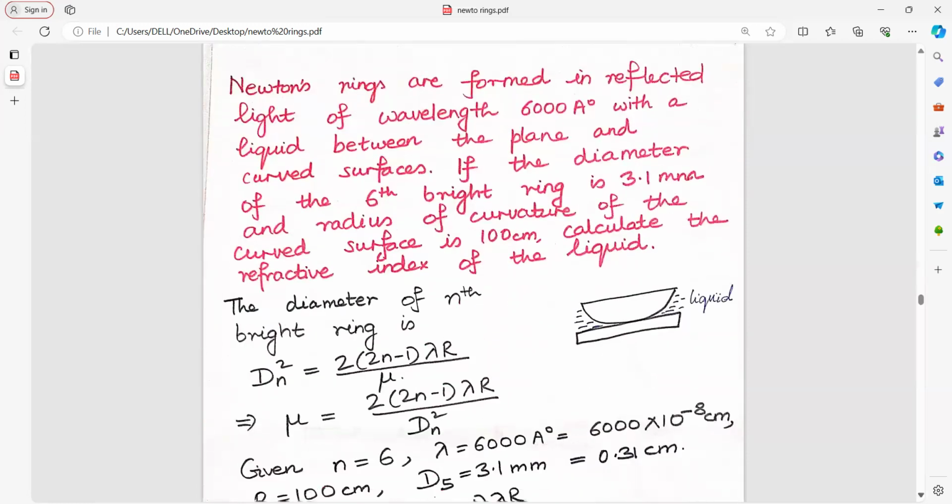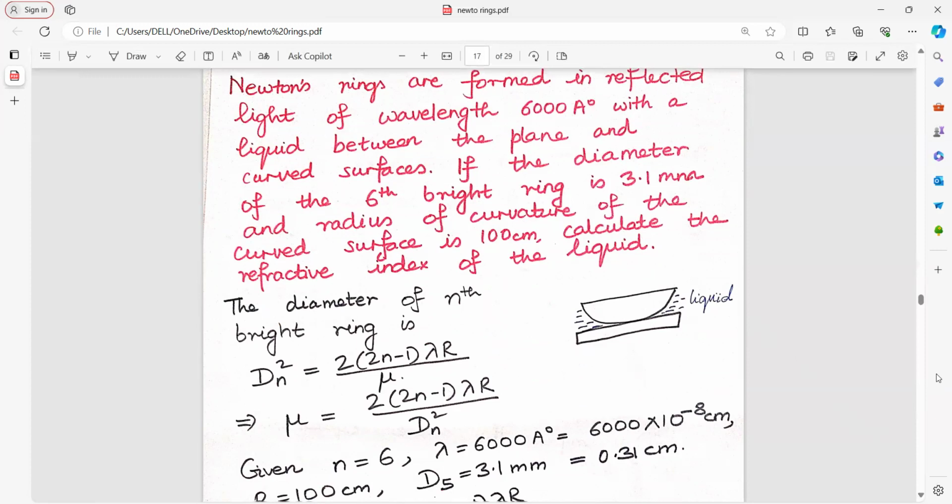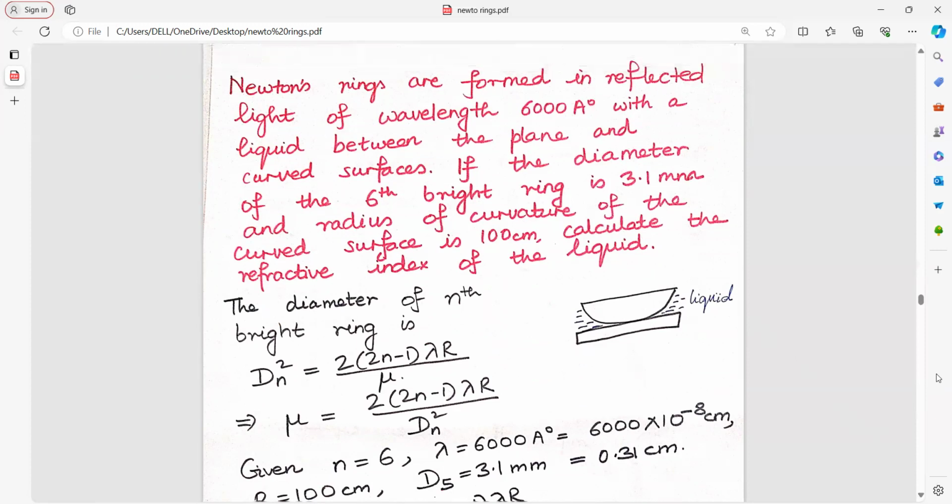Newton's rings are formed in reflected light of wavelength 6000 angstrom with liquid which is kept in between the surfaces. Now, if the diameter of the 6th bright ring is given and the radius of curvature of the curved surface has been given, you have to find the refractive index of this liquid. So the formula for the diameter of the nth bright ring is Dn square is equal to 2 into (2n minus 1) into lambda R divided by mu. What have you to find?